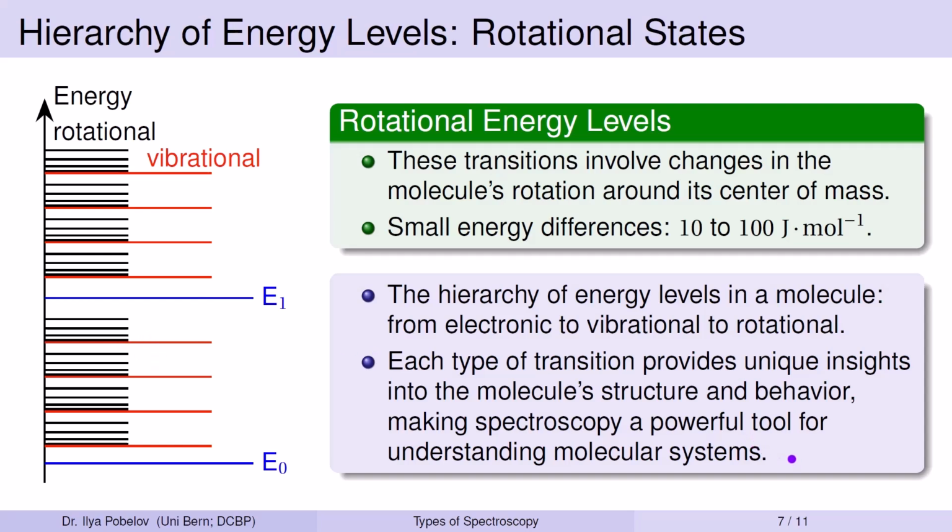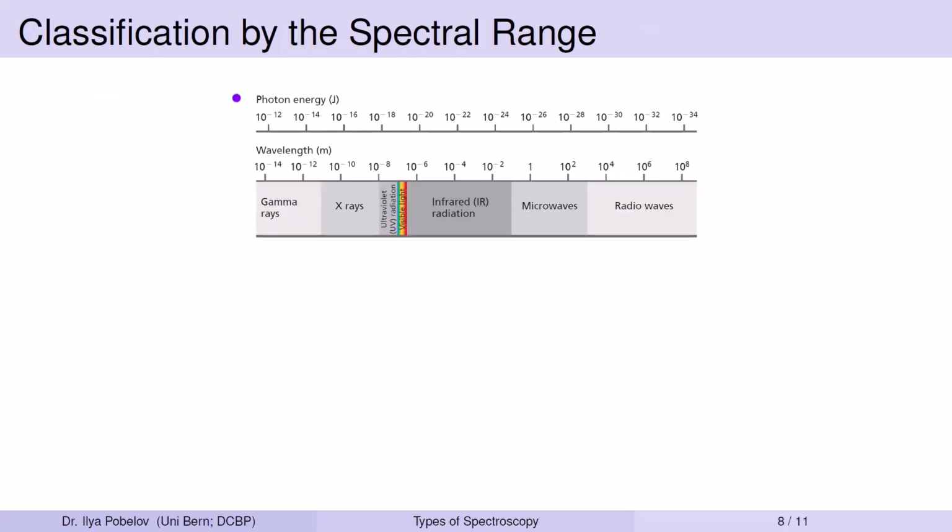The electromagnetic spectrum encompasses a vast range of energy, from the highest energy gamma rays to the lowest energy radio waves. Different segments of this spectrum interact with matter in unique ways, leading to various spectroscopic techniques.